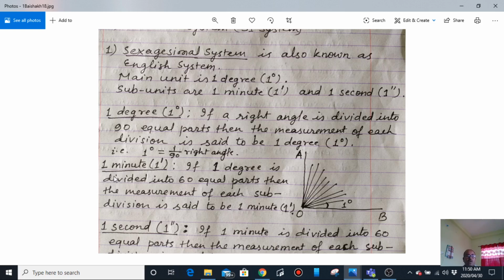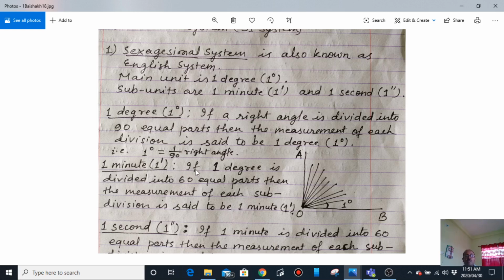Now 1 minute. In words you will write like this, and in symbol you will write like this. What is 1 minute? Since this is the sexagesimal system, you can call it 1 sexagesimal minute. So degree has been mentioned here.